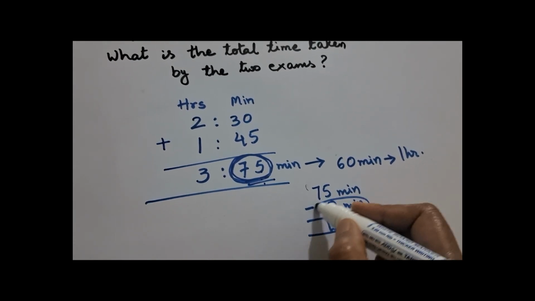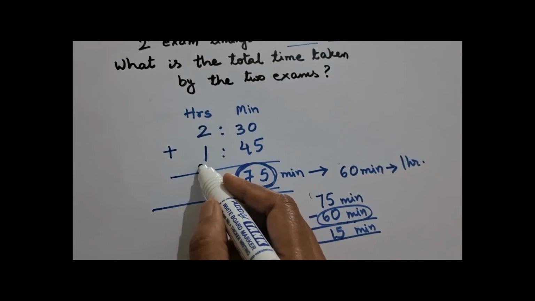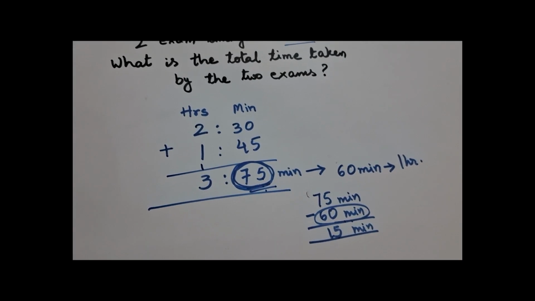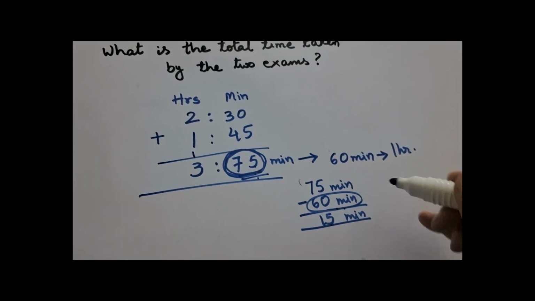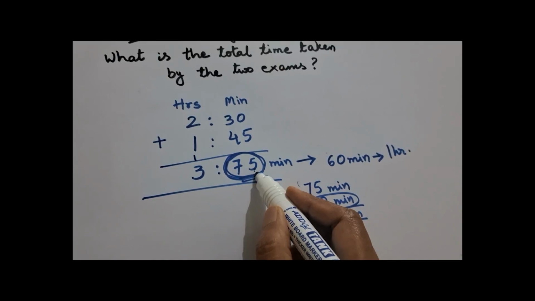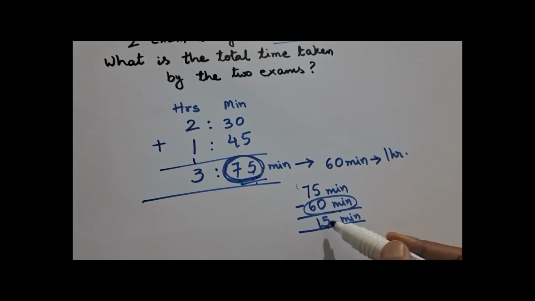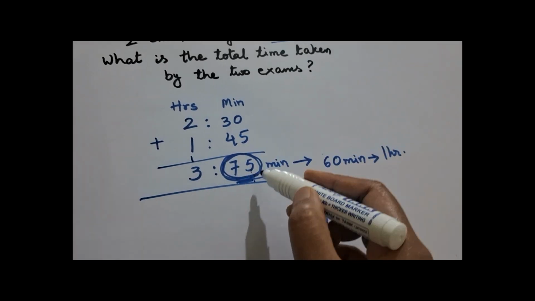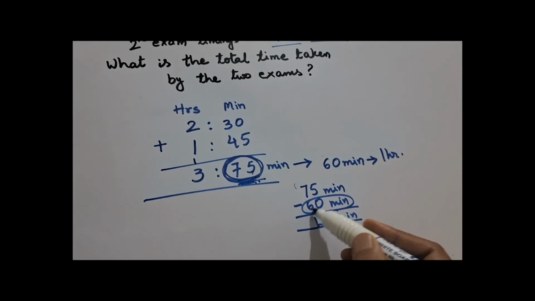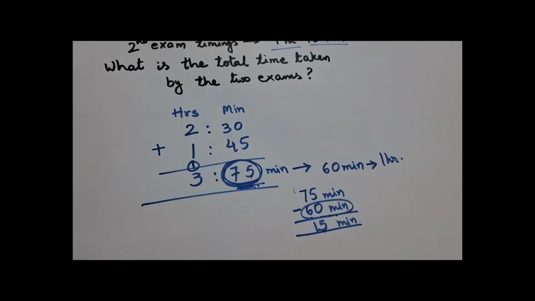And this 1 hour, we are sending into the hours place as a carry. Okay, children? In this way, we need to do addition of timings. So in 75 minutes, that is 1 hour and 15 minutes, the 15 minutes will be there in the minutes place only, and this 1 hour will go in the hours place as a carry, right?